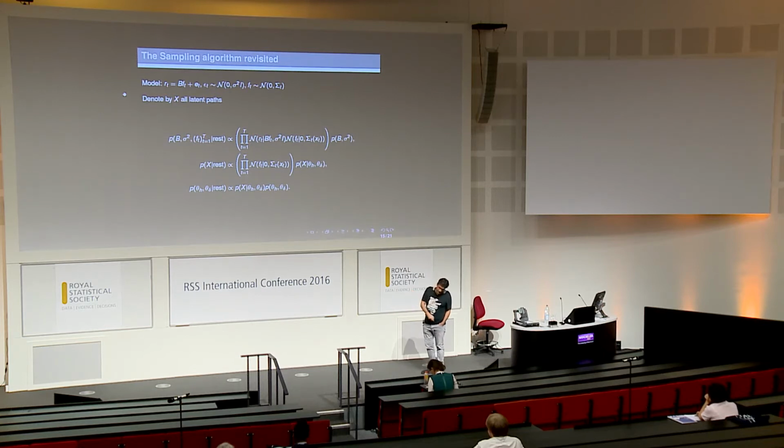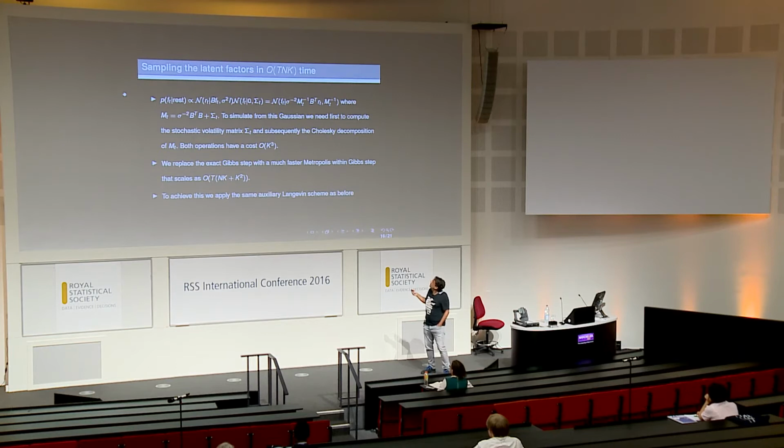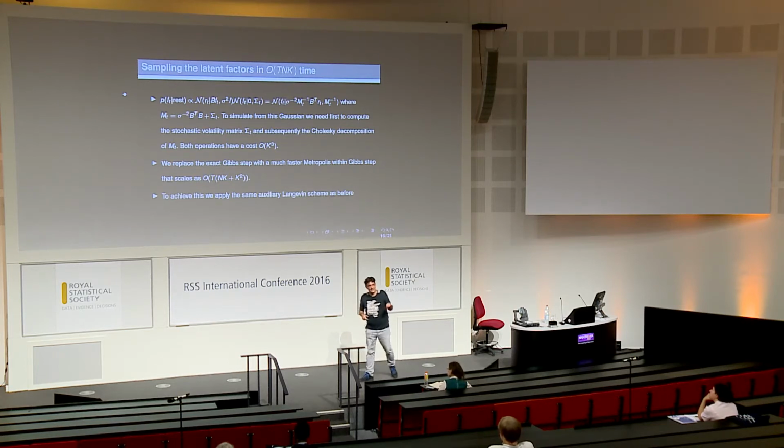Okay, so what is this f? When you try to find the density of f, you need to do some calculations to find the covariance matrix M. And this requires finding sigma. To make the long story short, this has cubic complexity. So Gibbs sampling for IID samples from a normal density seems to give me a hard time.